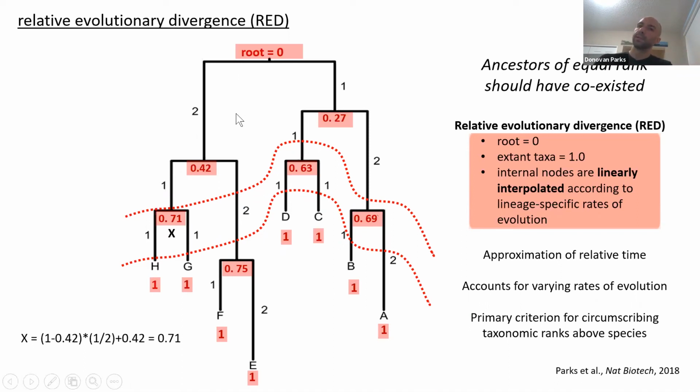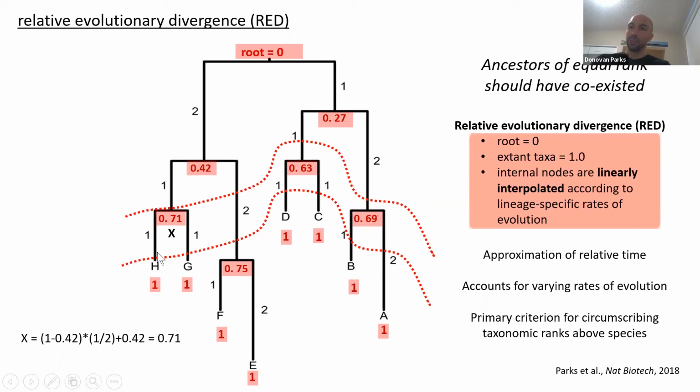And then we linearly interpolate the relative evolutionary divergence of internal nodes such that they take into account varying rates of evolution. You're taking into account the fact that this branch is longer than the branch over here, since the rates of evolution are different between these two lineages.